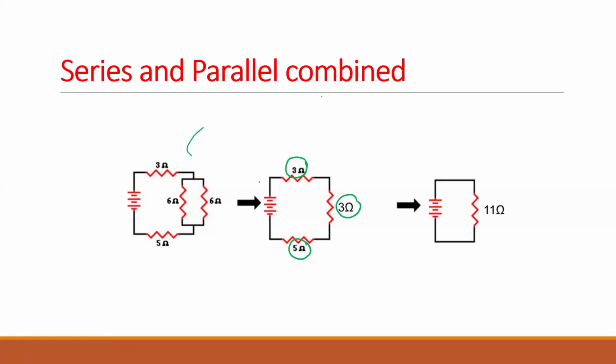So you can convert this to this. You don't get this kind of question; this is the most simple question. But if you understood this, you can go for a very complicated one as well. Just identify which ones are in parallel and which ones are in series. That's all. Are we good? Any question? No questions?